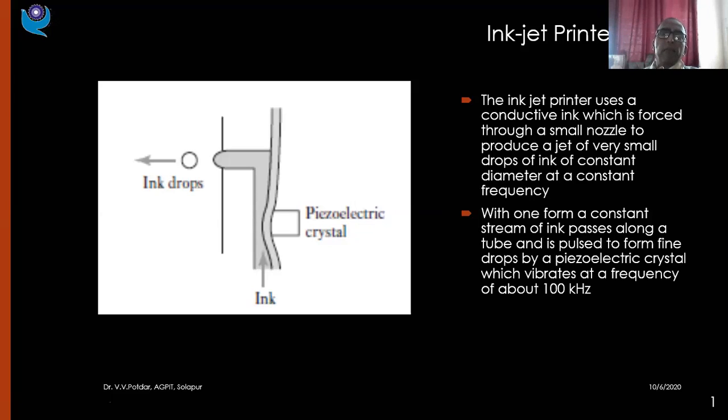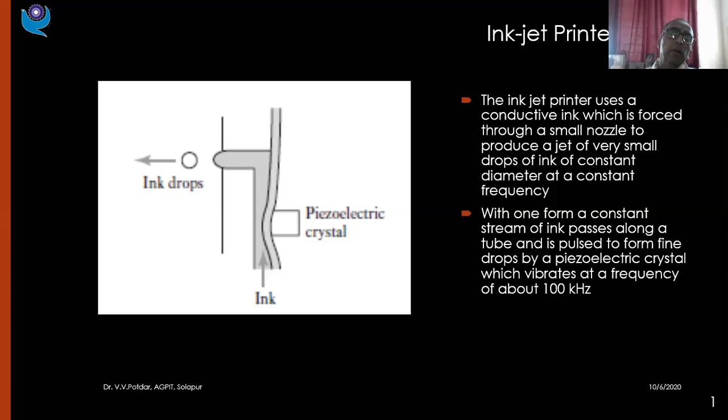Now, if that digital signal is appropriately converted and given to the piezoelectric crystal, then based on that, the number of dots for, let us say, a letter P, decides the motion of the head. Accordingly the head will be moving and the ink drops will be scattered in the fashion in which the P should be printed.